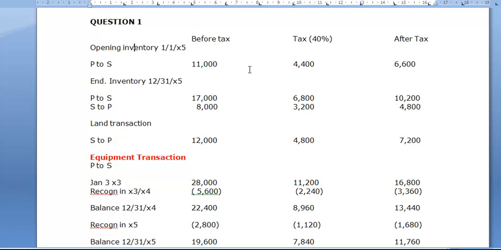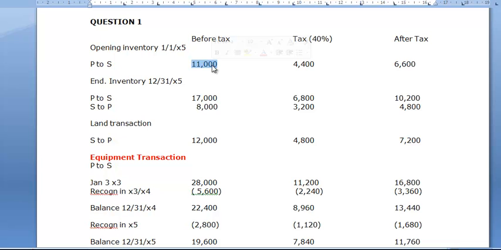We also know that from a previous year, in X4, the parent sold to the sub, and as at the end of X4 the sub had not yet sold inventory that had $11,000 in pre-tax profit in it.